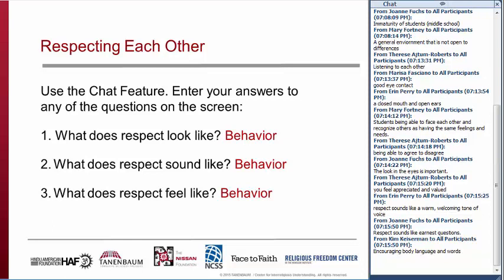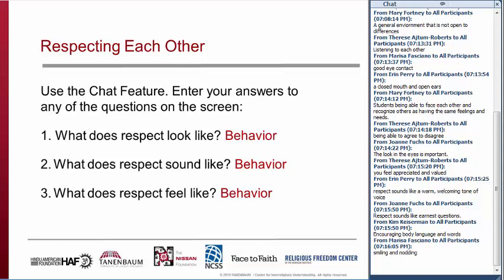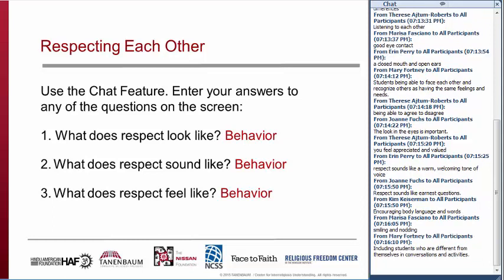And in terms of that welcoming tone of voice, it is going to sound a little bit different to each of us. Sounds like earnest questions. Okay. And then again, there's a little bit of subjectivity in what's an earnest question, but I don't want to split hairs. I know what you mean.